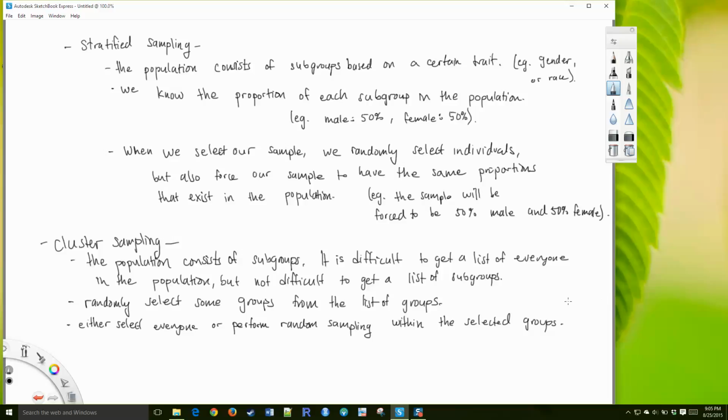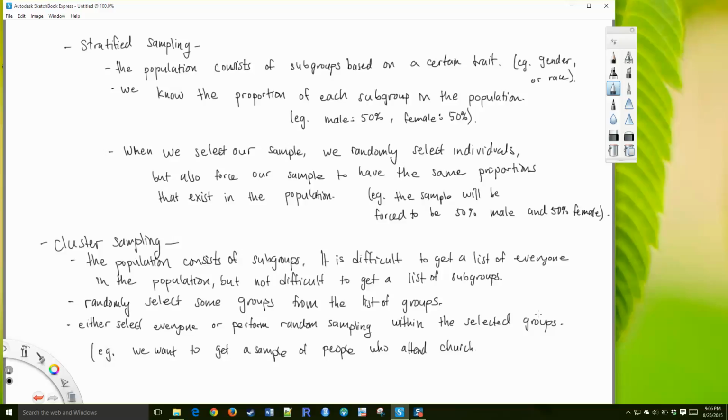Okay, so for example, we want to get a sample of people who go to church. It's difficult to get a list of everyone who attends church, but it's relatively easy to get a list of all the churches.